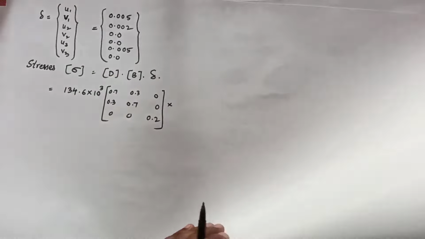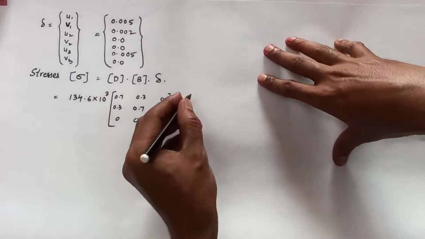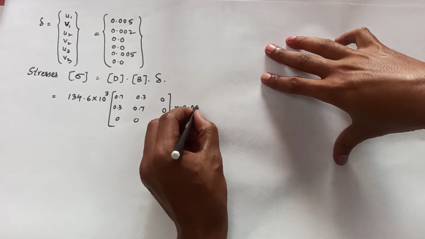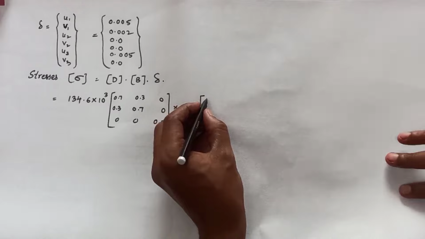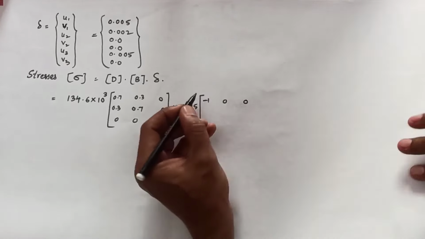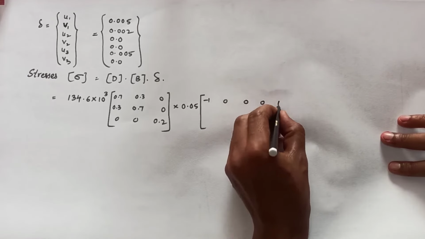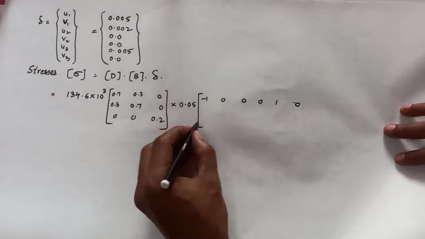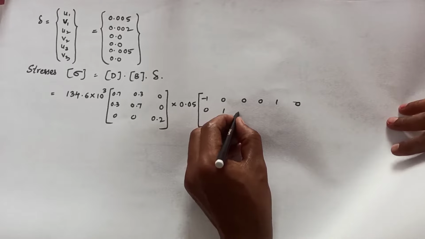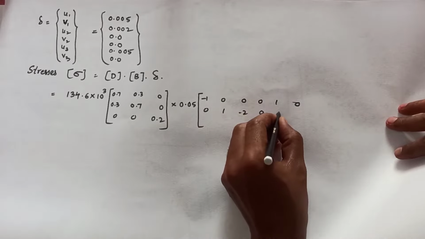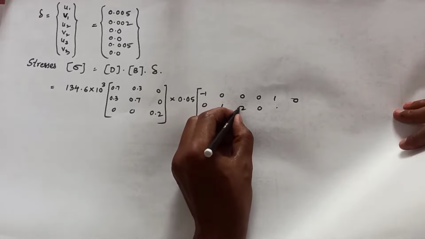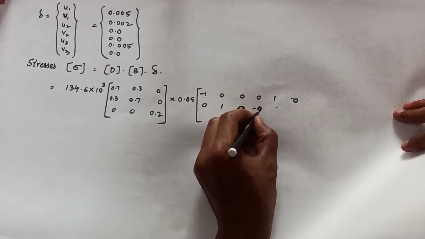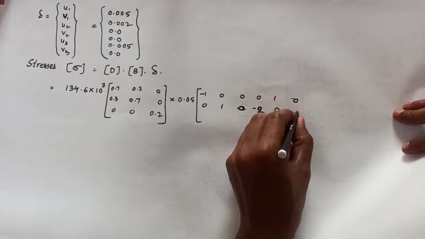So just now we obtained the B matrix, that is 0.05, a 3 by 6 matrix. So we got minus 1, 0, 0, 0, 1, 0, 0, 1, minus 2, 0, sorry, once again, 0, 1, 0, it is 0 here, it is minus 2, 0, 1.